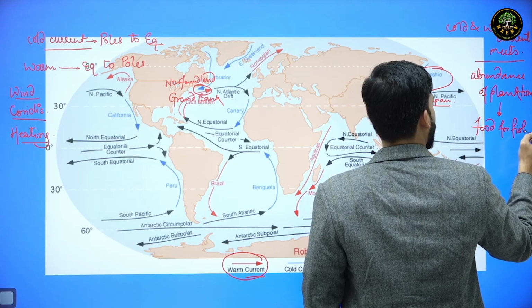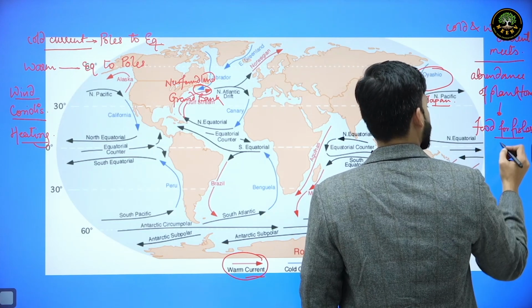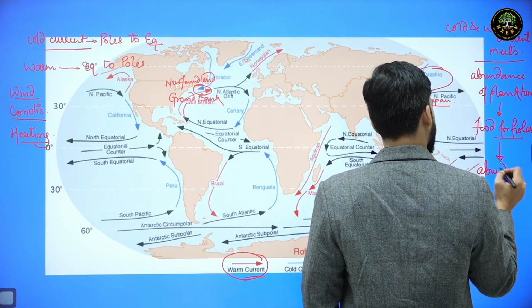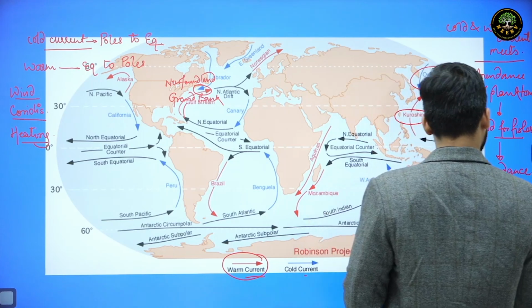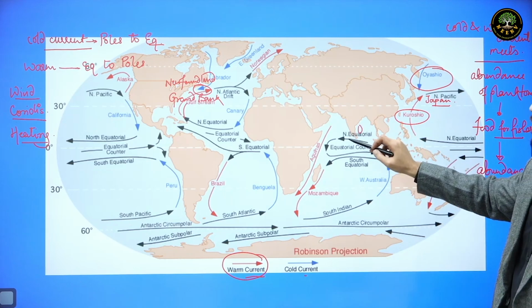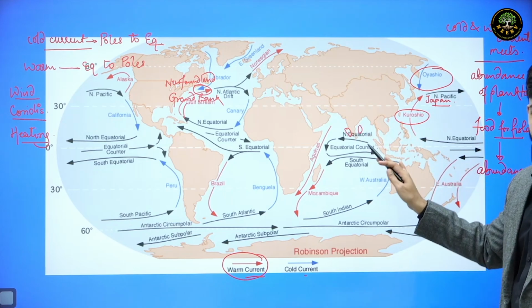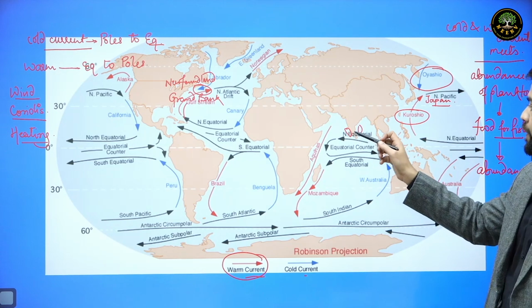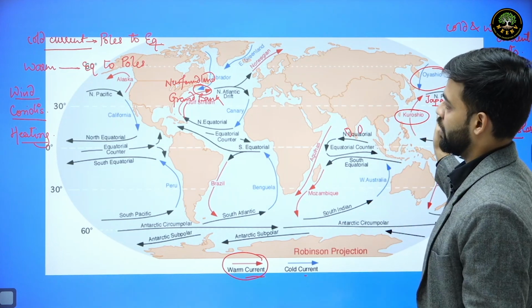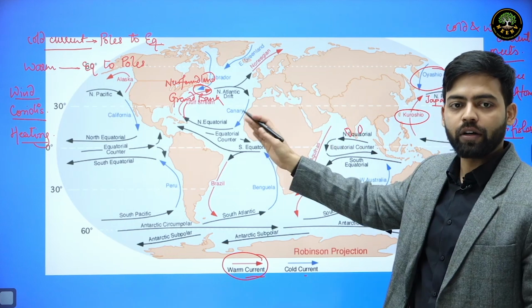Fishes feed on them and there is abundance of fishes, hence a major fishing ground here. Now around India we do not find such major fishing ground, though fishing is an important aspect in Indian coast as well, but not as compared to the fishing grounds of Japan or Grand Bank.